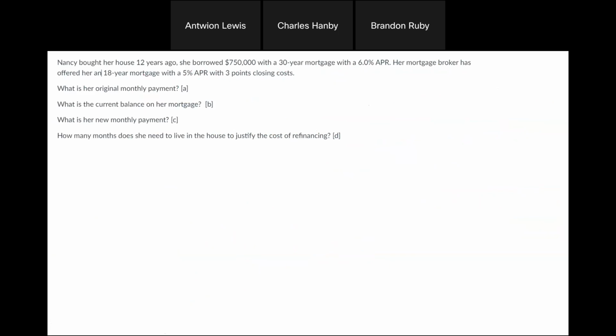We've basically got 5 steps that we have to take, and the questions basically work you through. So the first thing we have to do is calculate her original payment. N is 30 years monthly, 360.